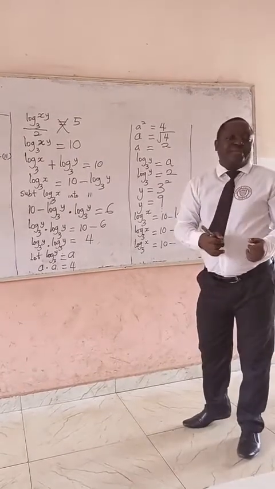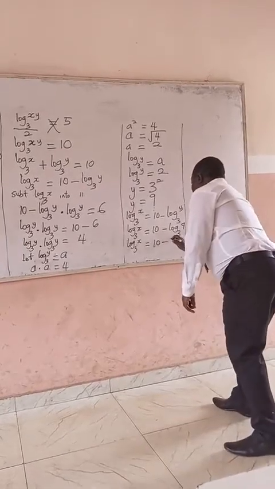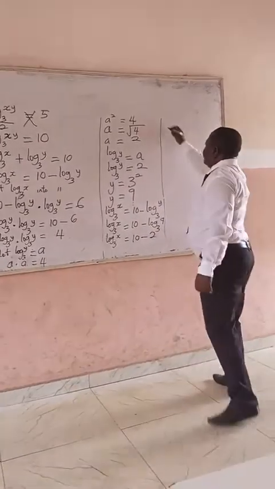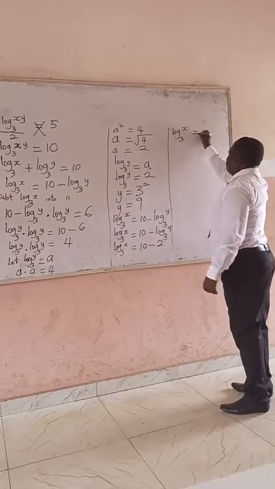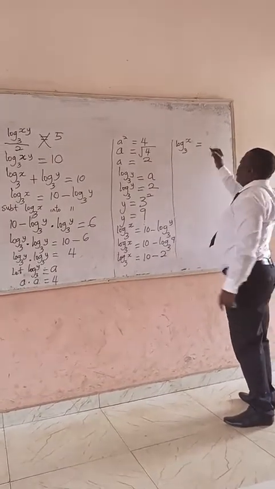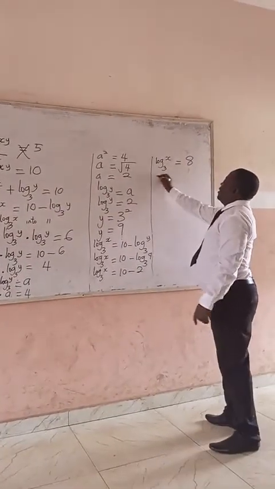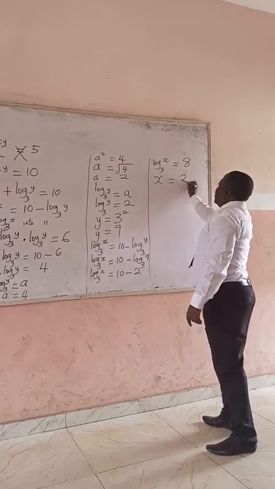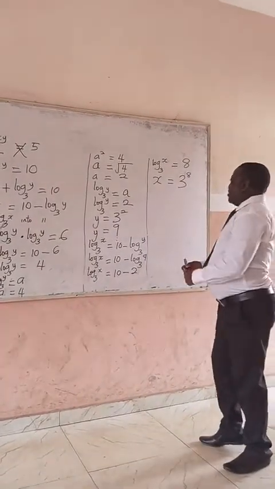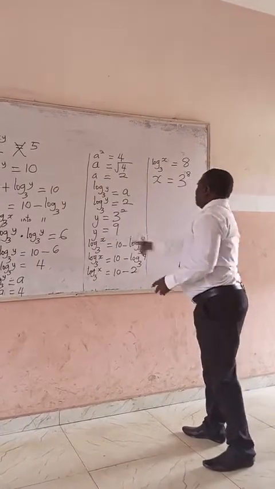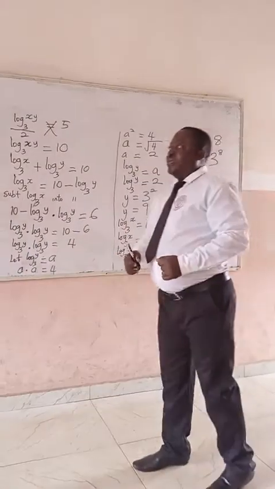The power to which 3 must be raised so as to get 9 is 2. So logarithm of x in base 3 is equal to 10 minus 2, and that is equal to 8. From here, x is equal to 3 raised to power 8. So y is equal to 9, while x is equal to 3 raised to power 8.